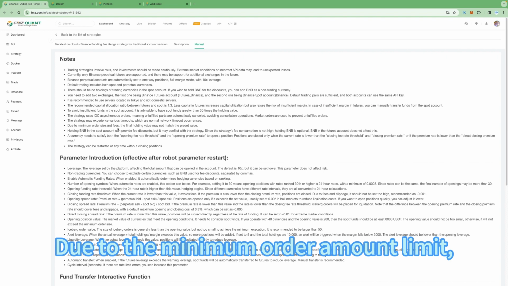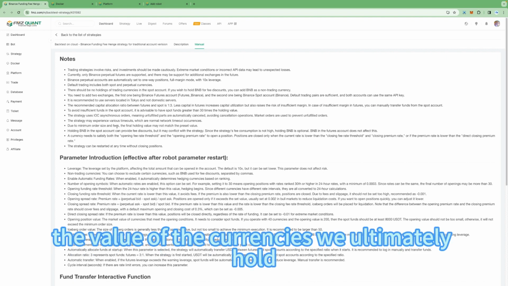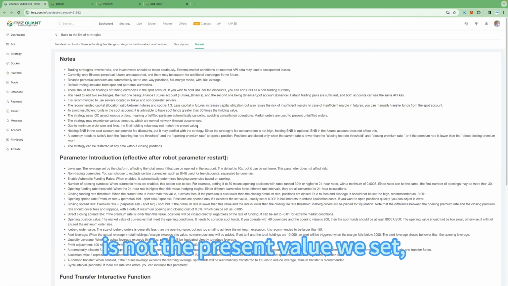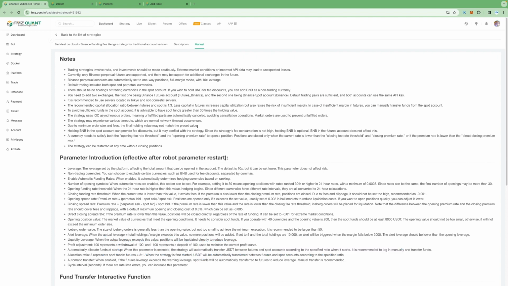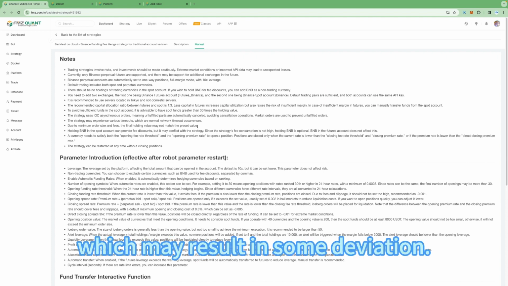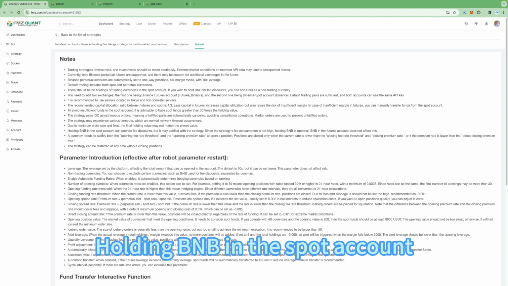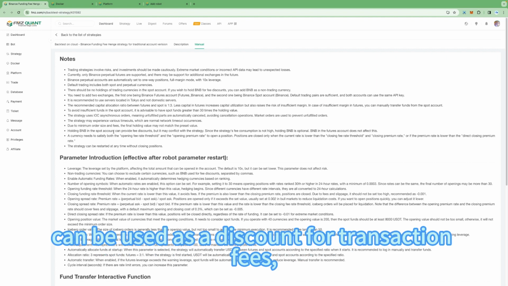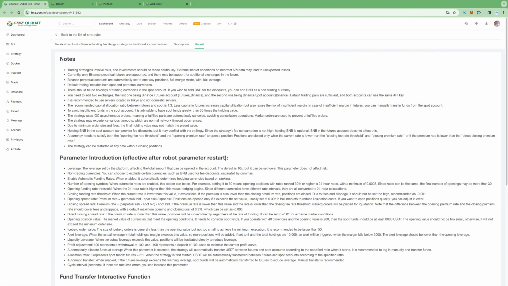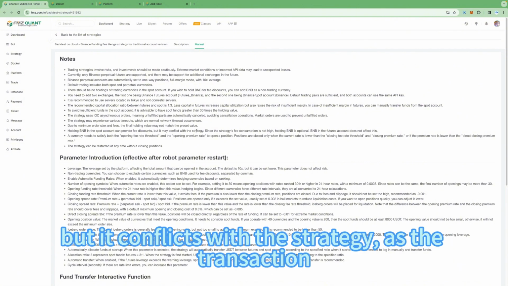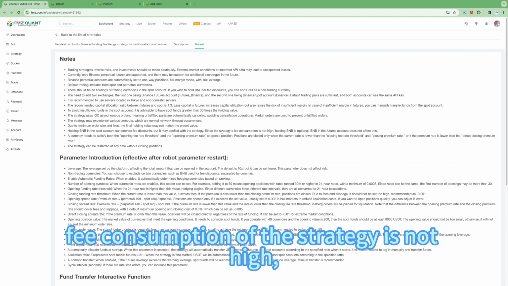Due to the minimum order amount limit, the value of the currencies we ultimately hold is not the present value we set, which may result in some deviation. Holding BNB in the spot account can be used as a discount for transaction fees, but it conflicts with the strategy, as the transaction fee consumption of the strategy is not high.